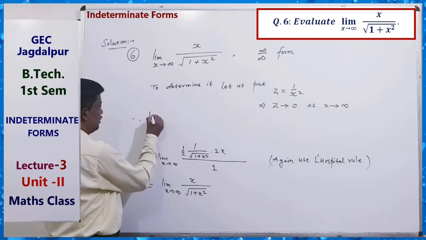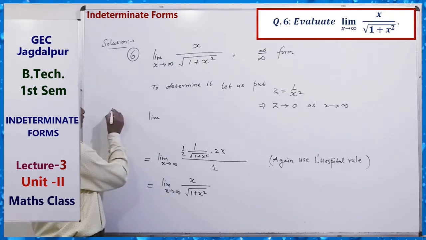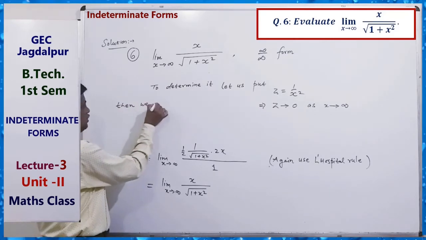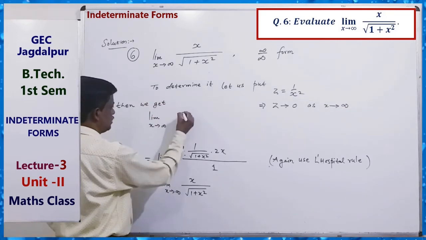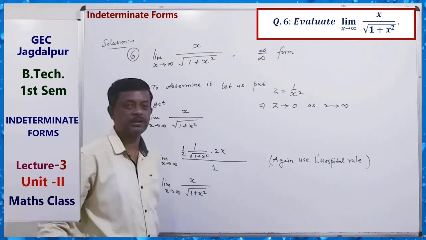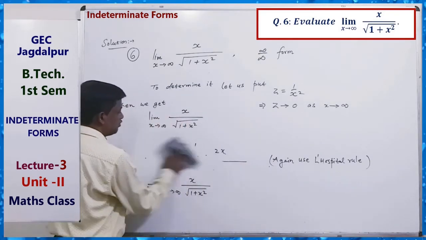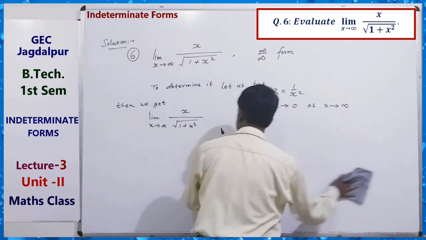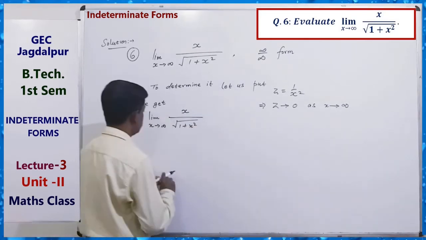Therefore, we get limit x tending to infinity of x upon root 1 plus x square. What can be done here? For getting 1 upon x square, take common x square from the root sign.